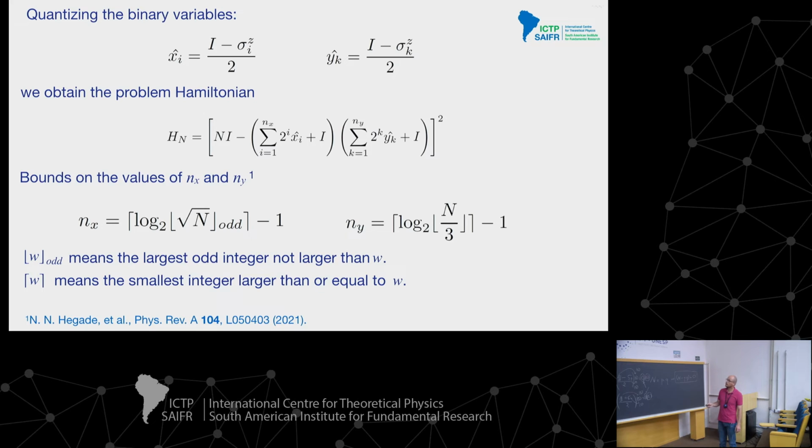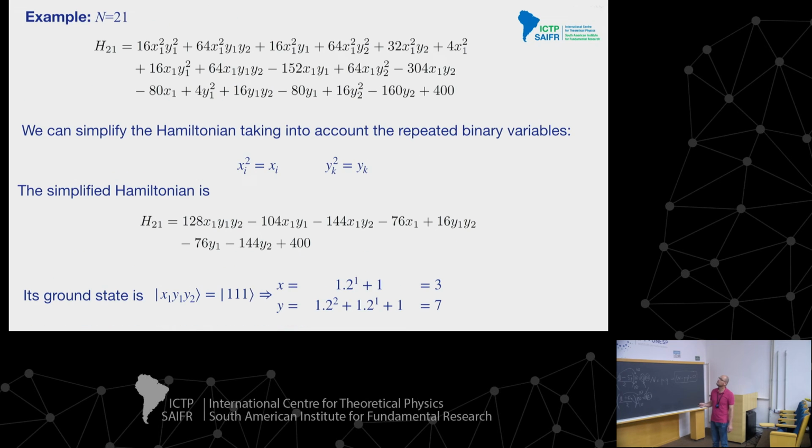If you apply this equation and this equation, you'll find that it's necessary 1 bit or 1 qubit to describe nx and 2 to describe ny. So we have here x1 and y1 and y2, but observe that there are different powers up to the 4th order here.